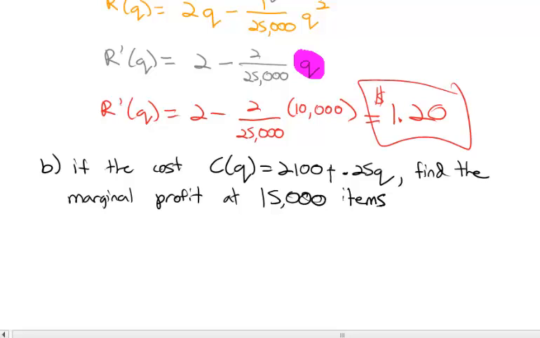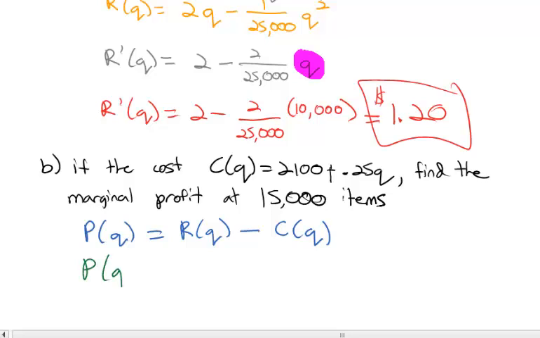Profit. We want the profit of Q. Hopefully you've taken some courses on how profit is calculated. Really simply, it is how much you make, your revenue, minus your cost. So we just calculated that the profit then is equal to the revenue function.